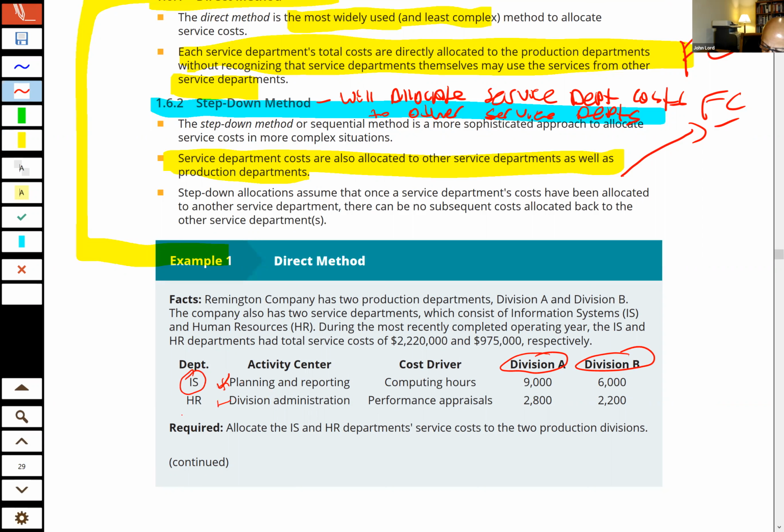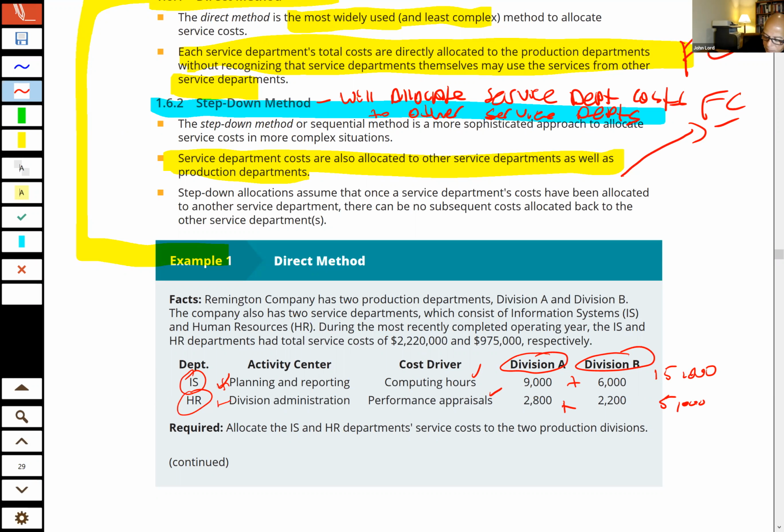IS and HR are the departments, and then we have the different activities and the cost drivers: computing hours, performance appraisals. When we look at computing hours, 9,000 plus 6,000 gives me 15,000, and the 2,800 plus the 2,200, I believe, gives me 5,000.